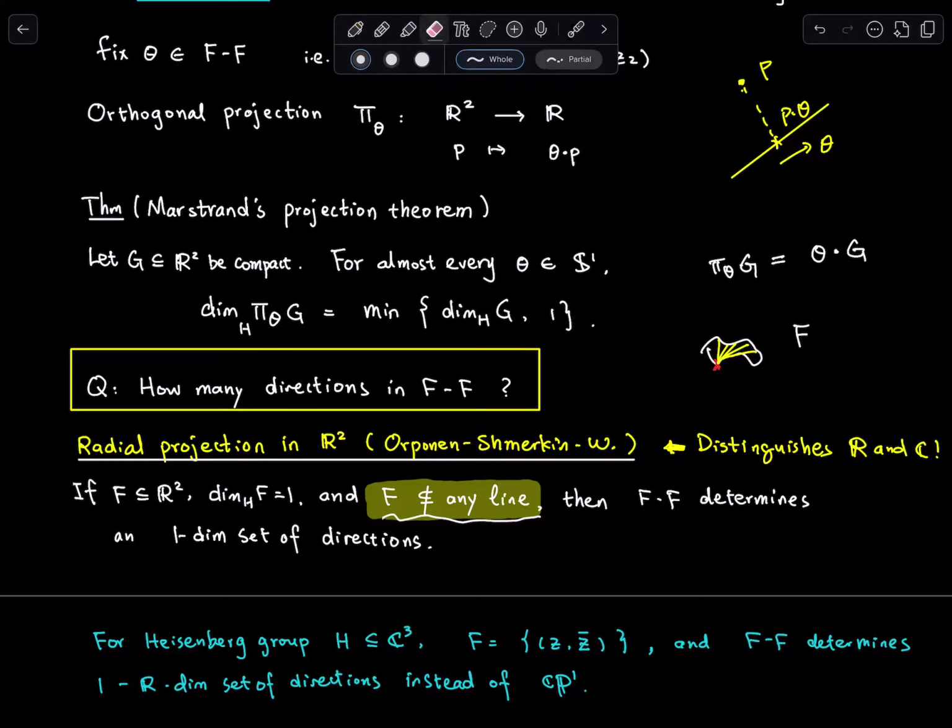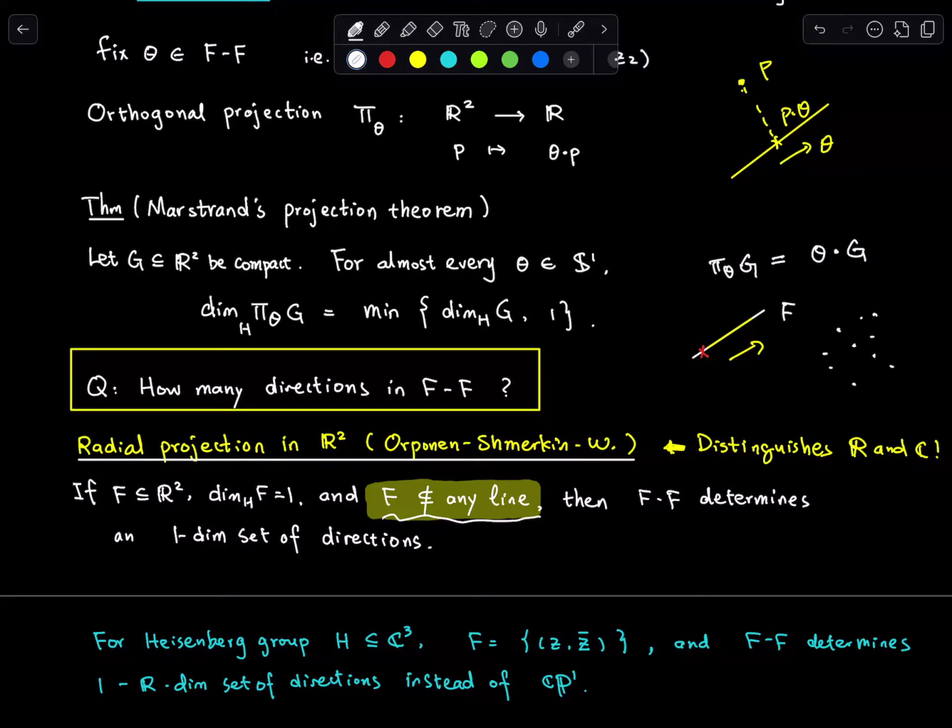There is one bad case: suppose F is a line, then no matter what point in F we take, we are only going to see one direction, right? So we are only going to see this direction. But suppose F is not contained in a line, then it could be any fractal set.